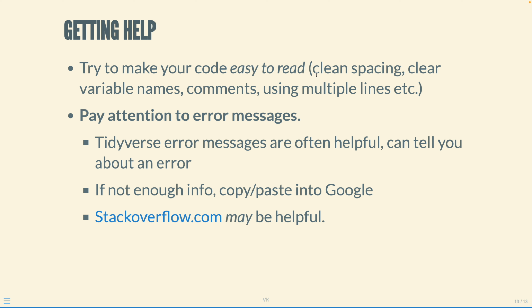You'll see how I'm writing the code in the slides, but it's important to make sure that you are giving appropriate spaces in your code, you're writing your variable names clearly, you're commenting your code using the hashtag, because you then will remember what you were doing in different steps.